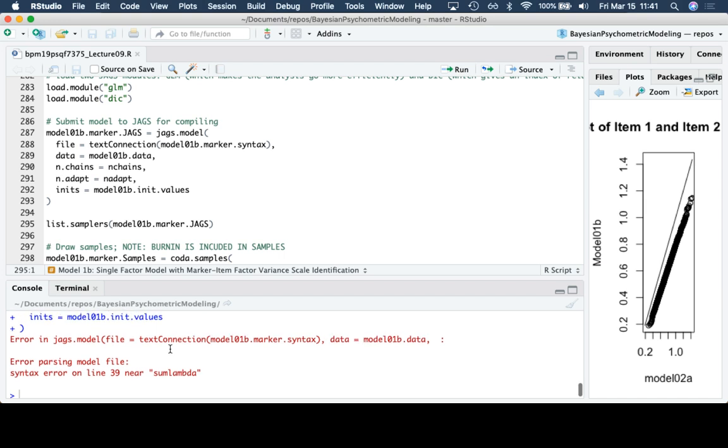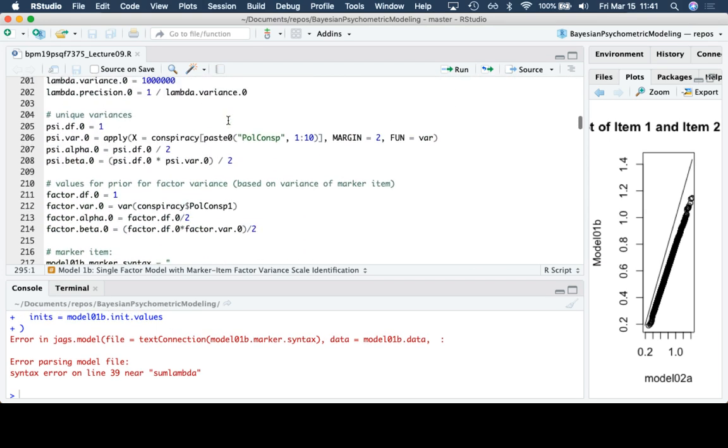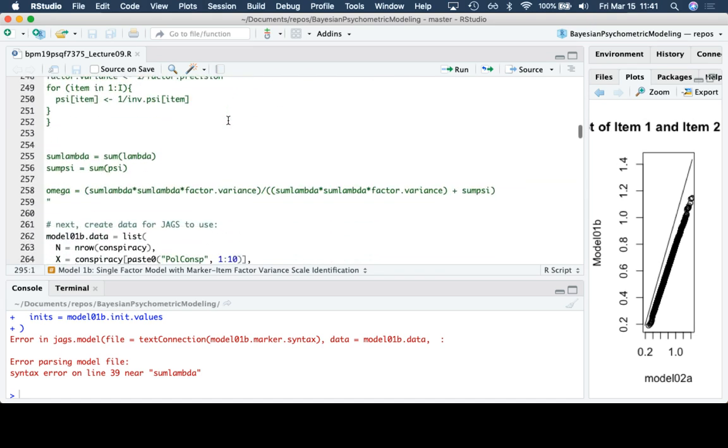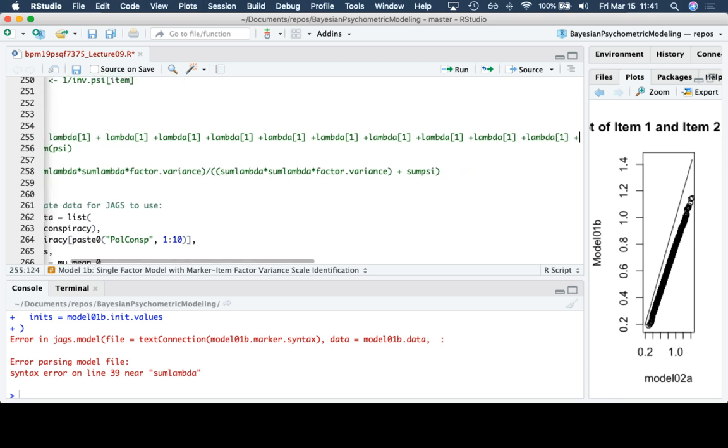Line 39. What's my error? Sum lambda. It doesn't like the sum function, I think. Okay, watch this. I can just add them all together real quick. 2, 3, 4, 5, 6, 7, 8, 9, 10. Yeah, take that, R.